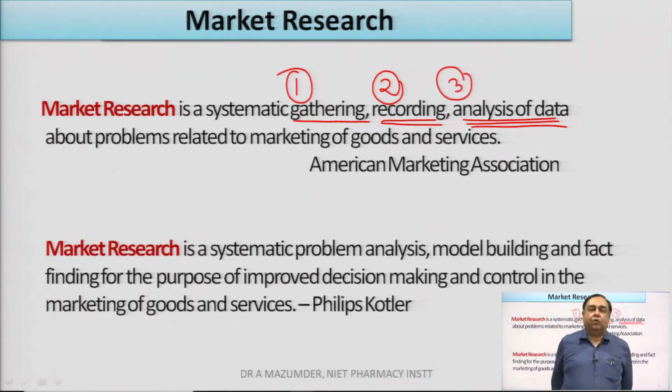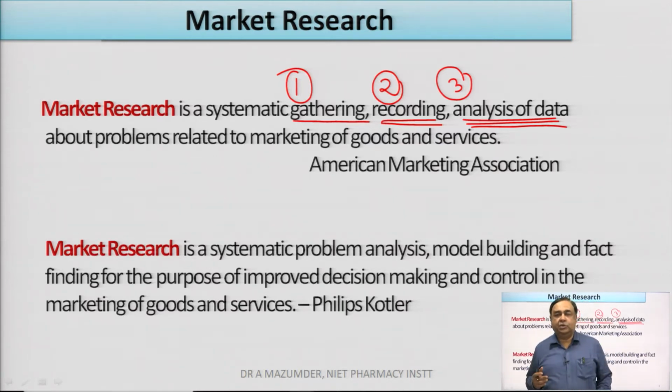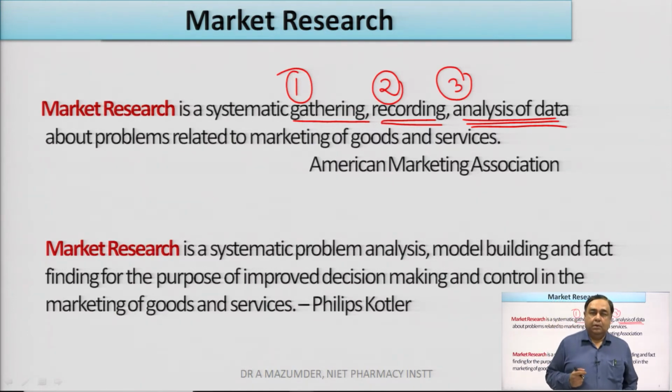Now, whenever we are going for marketing of goods and services, you need to collect information from various sources. It may be the customers, it may be the retailers, it may be the wholesalers. That is, you need to gather information from the various stakeholders, so that you have an idea about the marketing of the goods and services which you are about to do.